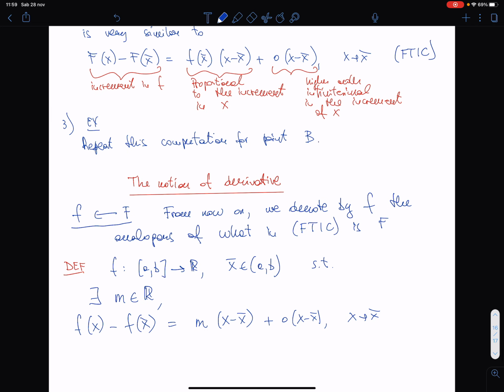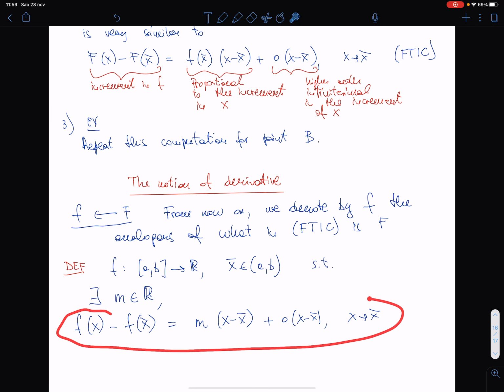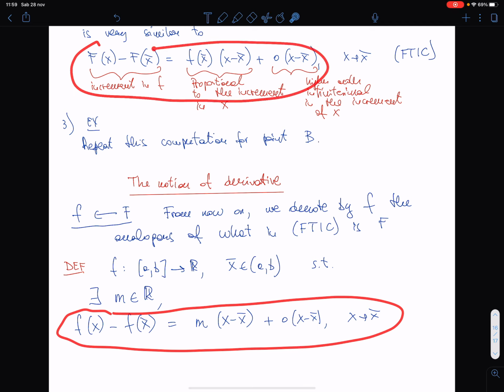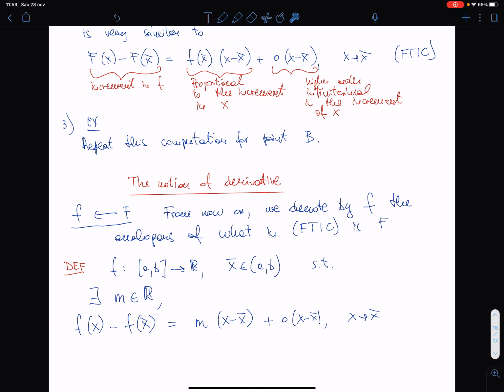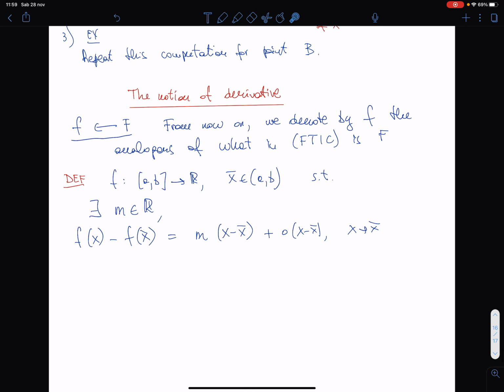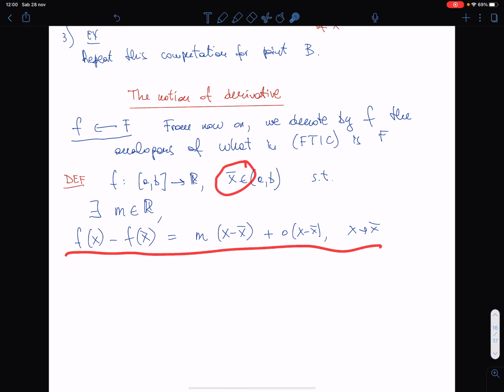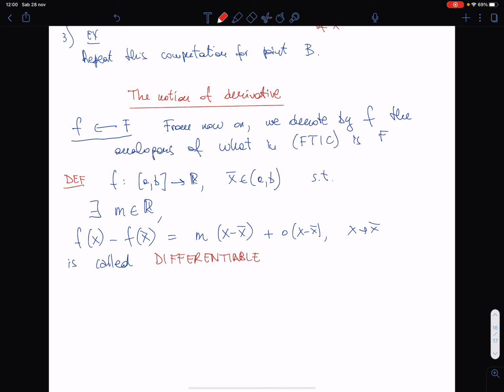This is very similar to the formula arising from the fundamental theorem of integral calculus here. Okay, just the notation changes, and a function that for a certain point x bar satisfies an equality like that is called differentiable at the point x bar.